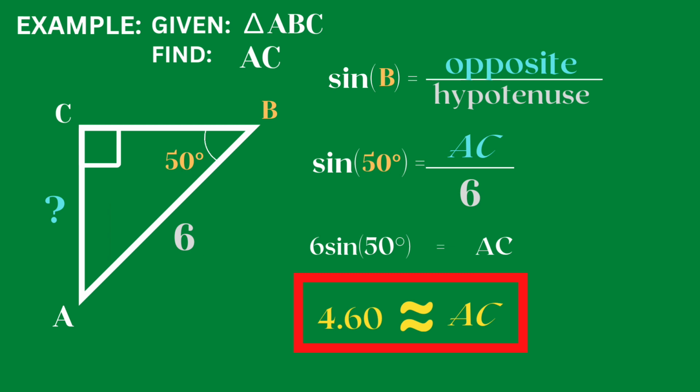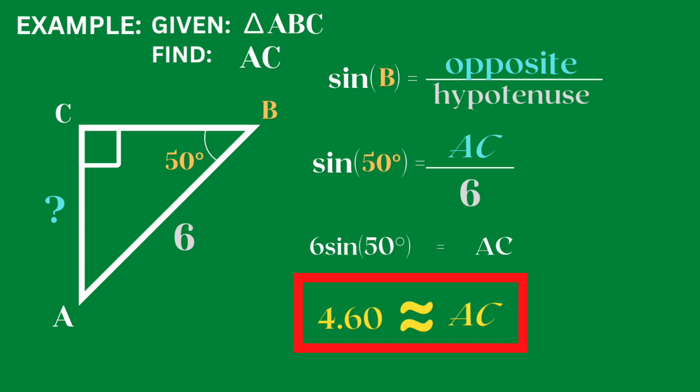Note that we are given the length of the hypotenuse. Hypotenuse is the longest side of a right triangle. And we are asked to find the length of the side opposite angle B. So the trigonometric ratio that contains both of those sides is the sine.